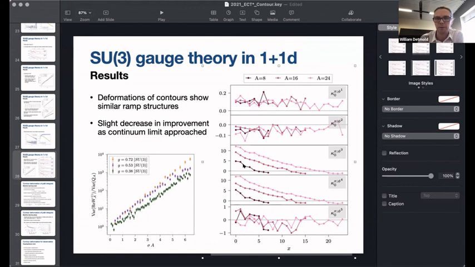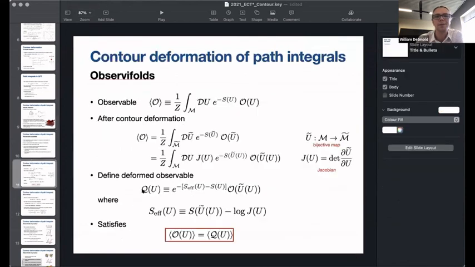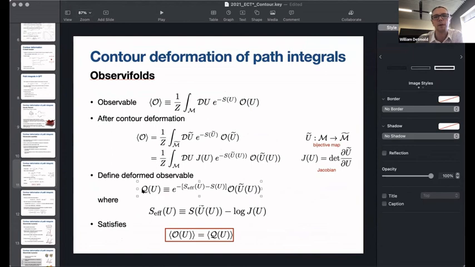That's because this deformed observable is no longer something that is localized to my two times, and so you really shouldn't think about there being a spectral decomposition of this deformed observable. So we're not modifying the pion. We're not doing something simple like modifying the pion mass.